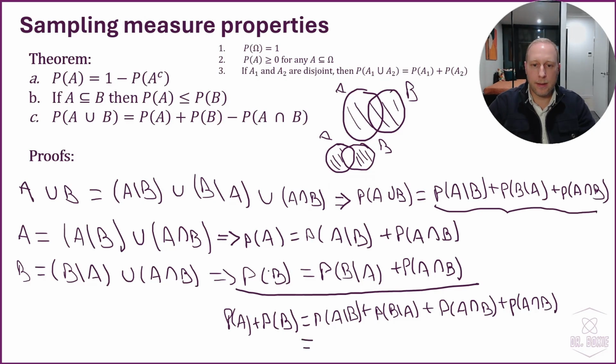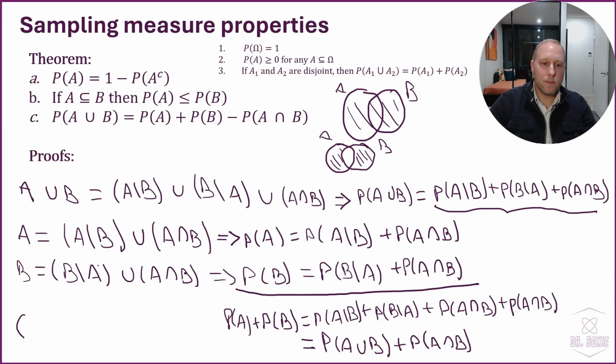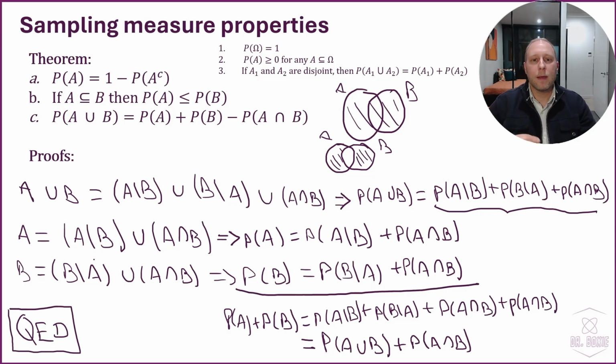In other words, this is equal to P of A or B plus P of A and B. And that is what we wanted to prove. So this proves all three parts of this theorem. I'll put a beautiful QED here. And this is how to prove all three properties of probability measures using their defining characteristics, which I wrote at the top right.